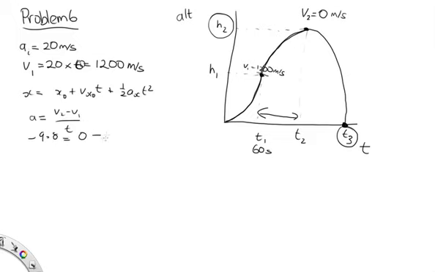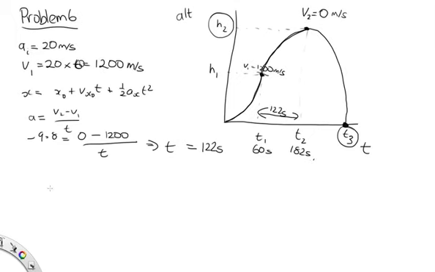The initial velocity is 1,200 meters per second upwards. And the time is t. This tells us that the time from here to here, when we rearrange it, is equal to 1,200 divided by 9.8, which gives us 122 seconds. So this is 122 seconds. So this time t2 is 60 plus 122, it's 182 seconds.